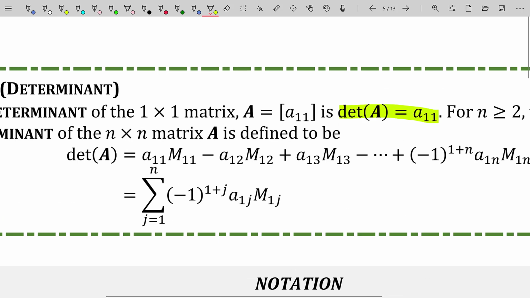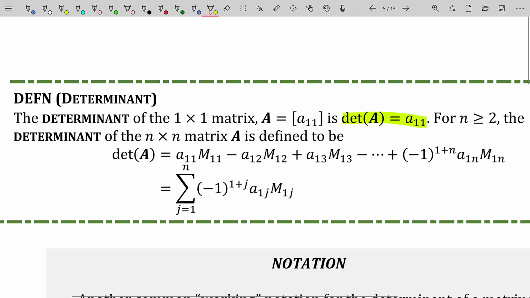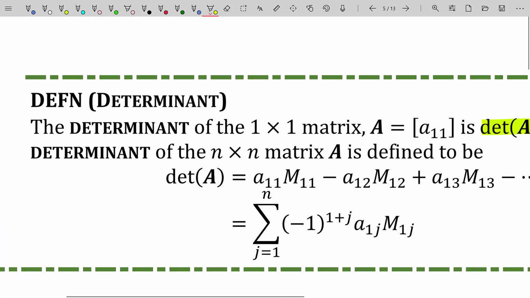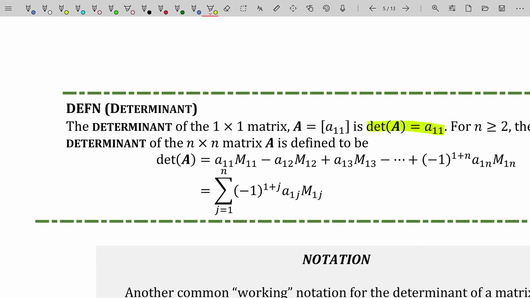Now you can see, before I even read it off, that it is a very convoluted definition. The determinant of the n by n matrix A is defined to be this summation right here: A sub 1,1, the first row, first column element of A, times the determinant of what's left over after you remove the first row and first column from A, minus A sub 1,2, the first row, second column element in A, times the determinant of the matrix when you remove the first row, second column from A, plus, notice this minus plus business, by the way.